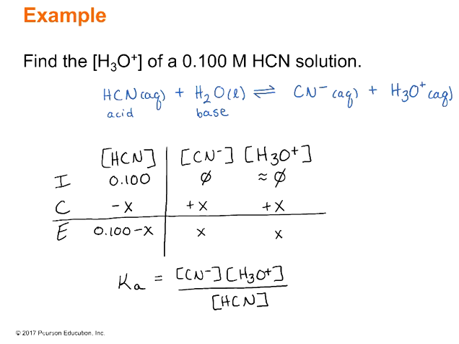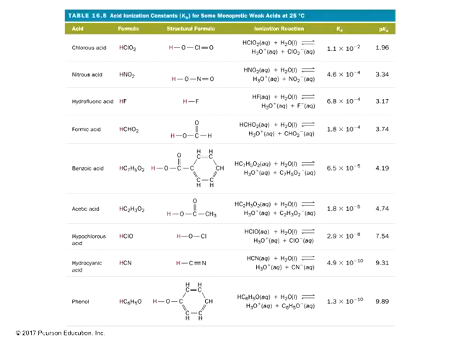Okay, now we do need to determine what the acid ionization constant is for cyanic acid. So let's actually go to that table from your textbook, table 16.5. And kind of towards the bottom is cyanic acid, which they're actually calling hydrocyanic acid. And the Ka value is 4.9 times 10 to the negative 10th.